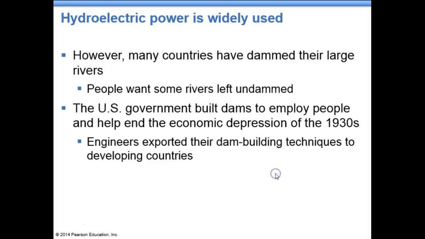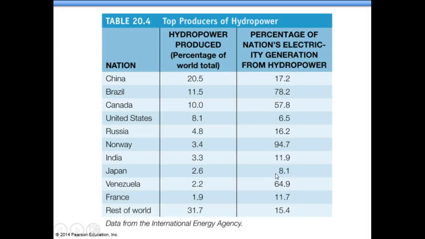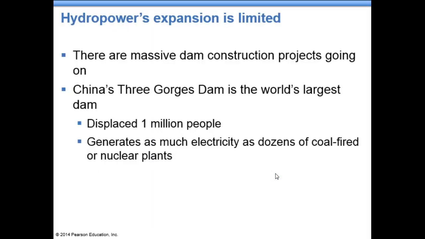He was referring to the importance of the development of this energy capacity in his nation. So here are the states that produce the most hydropower. China and Brazil lead. Canada is up there as well, and the United States ranks fourth.